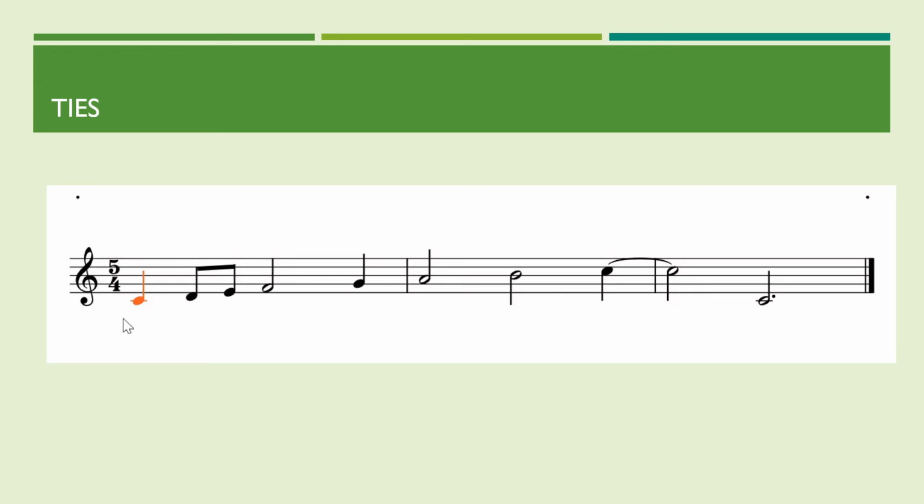It's what's called an asymmetrical time signature, meaning that you can't really divide the measure up into even groups. It's generally groups of 2 beats and groups of 3 beats. So here, this is going to be what we call a 2 plus 3. 2 beats plus 3 beats.